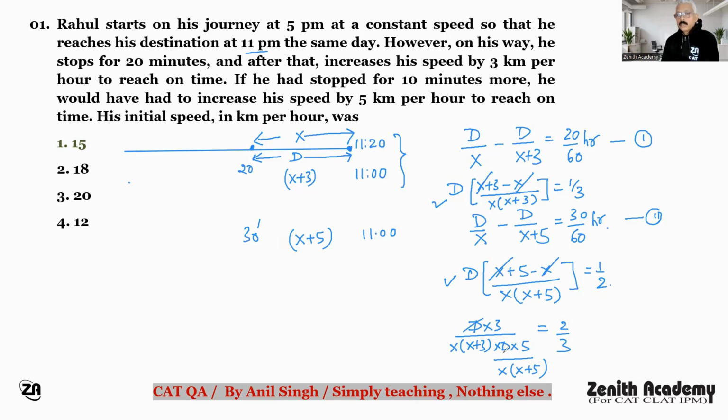So this d, x cancel. Finally, it is 9 into x plus 5 and 2 into 5 is 10 into x plus 3. 9x, 10x, 10x minus 9x, 9 5s are 45, 10 3s are 30. X is coming 15 kilometer per hour. It is our answer.